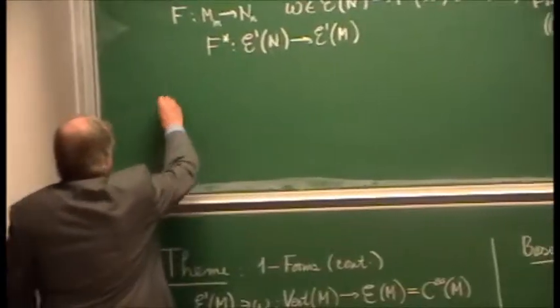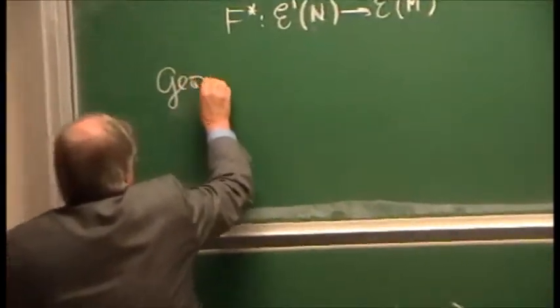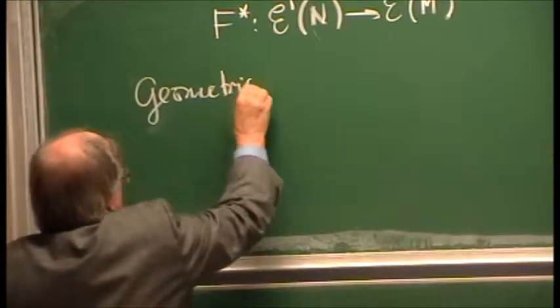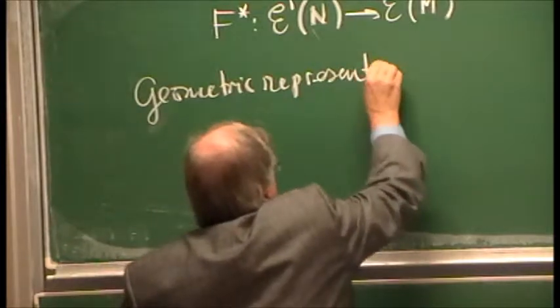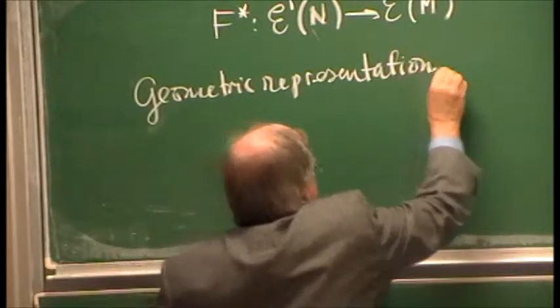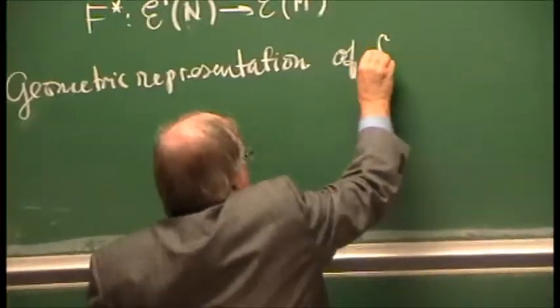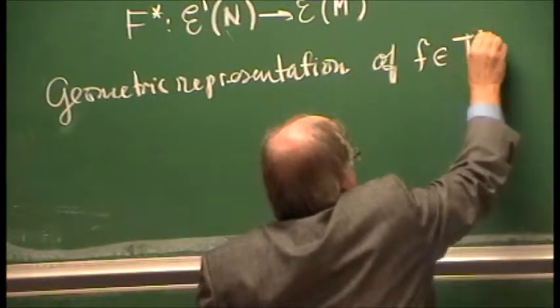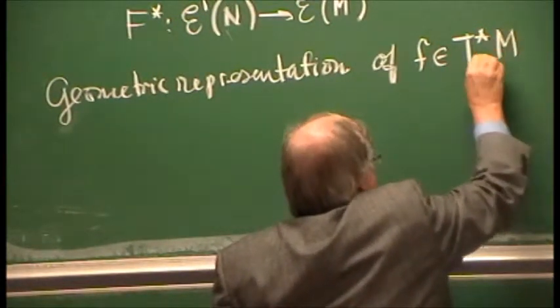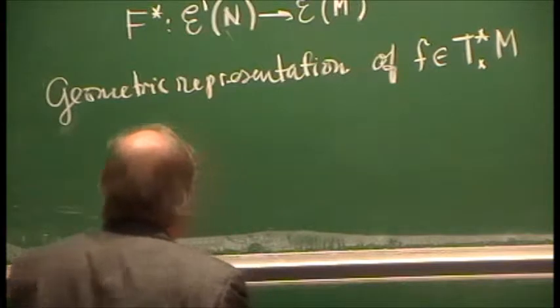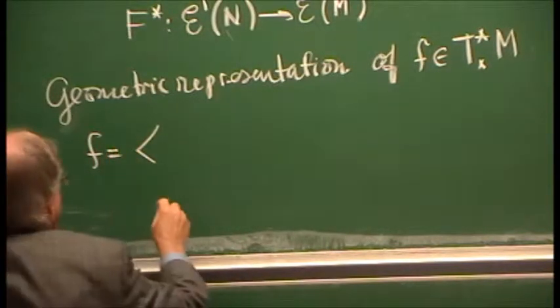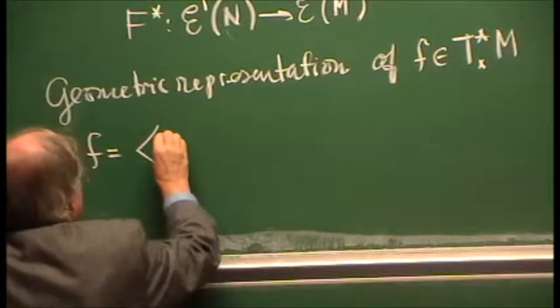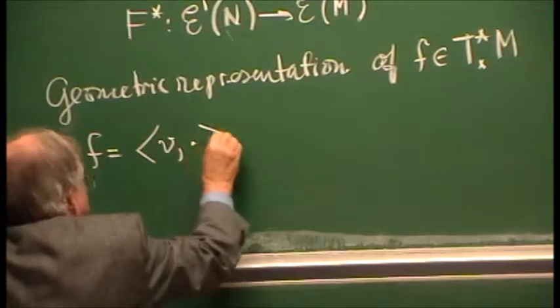So a geometric representation of a cotangent vector, a function here, say at a point, is you have f equal to a vector applied to something.